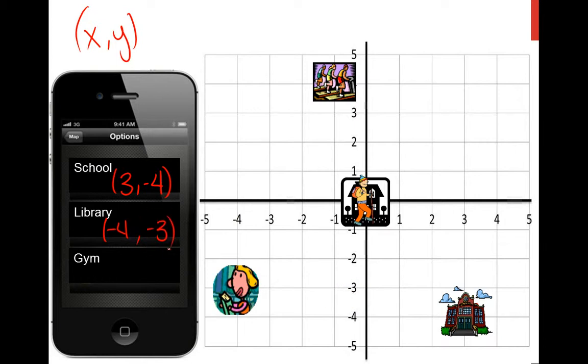And then the gym, people up here on the treadmill, it's located at a -1 for the x and a 4 for the y. So now that we have it in the GPS, you can see he goes down to the school, moonwalks over to the library, and then goes up to the gym.